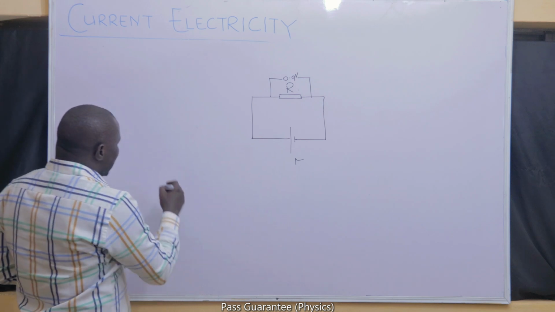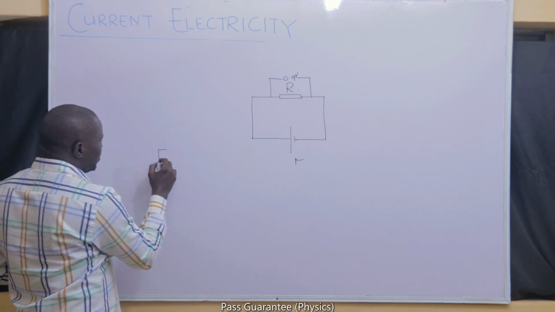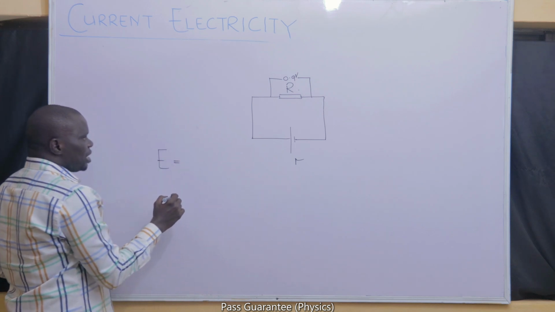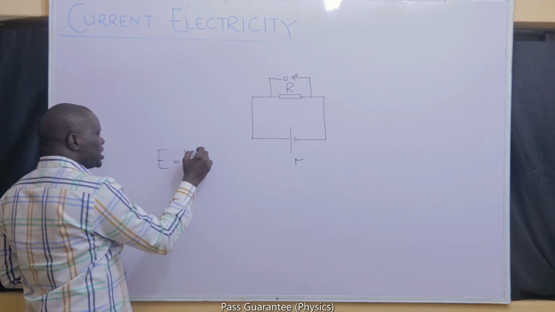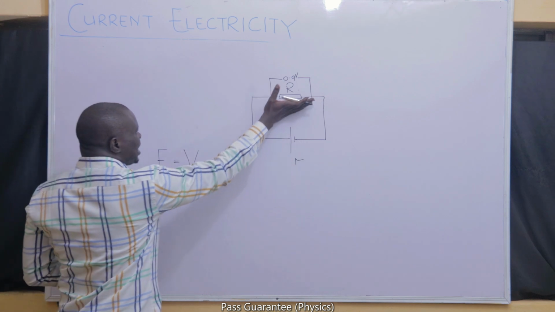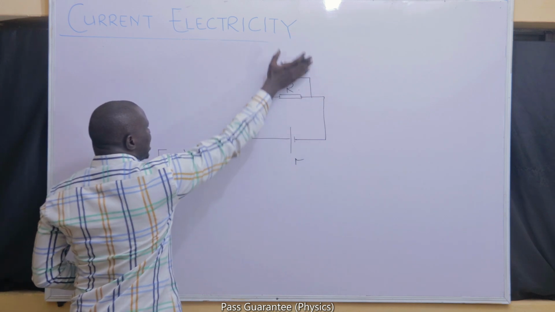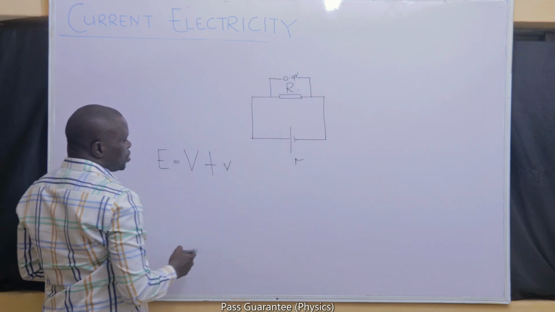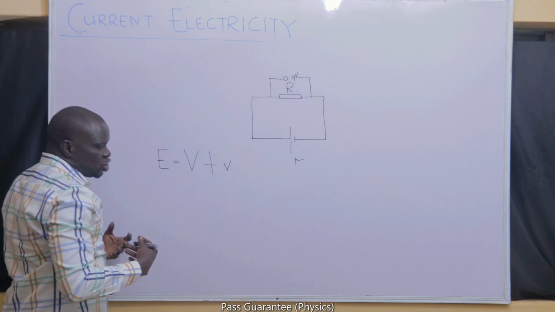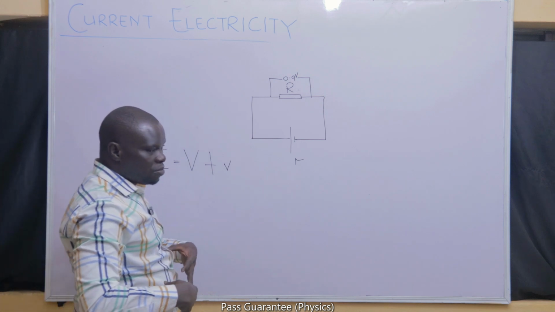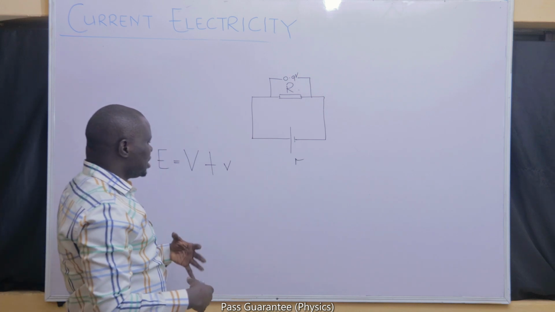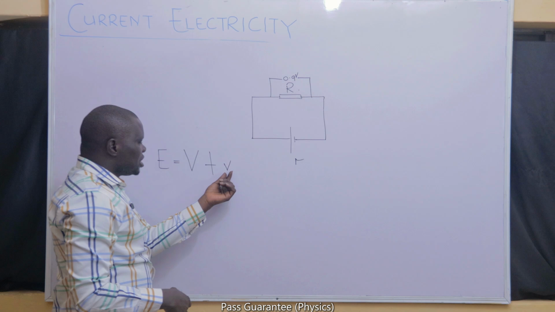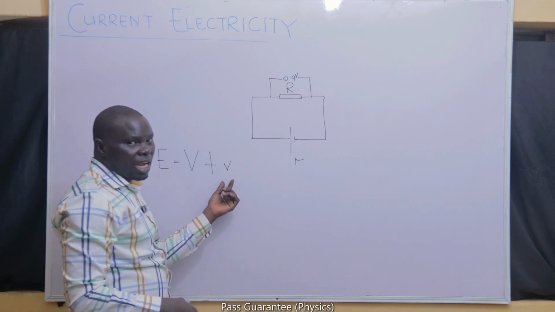So I will say that the EMF can therefore be divided into two. It can be divided into the terminal potential difference that is available for the external load, the external resistor, and the lost volts that it is using to overcome the problem that it has within it. Of course, the lost volts is something that is not desirable.